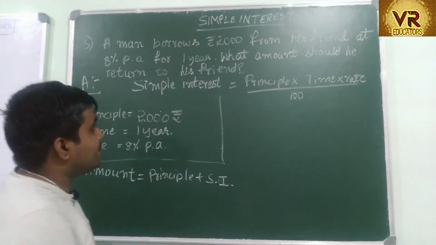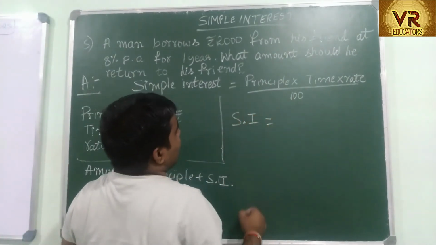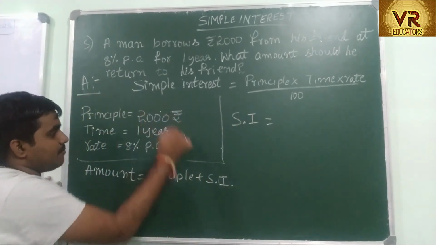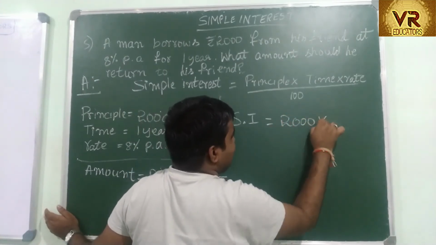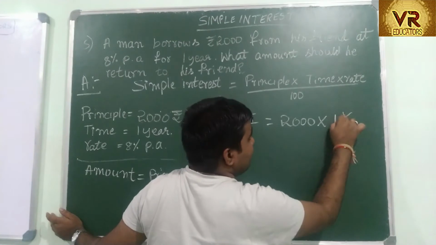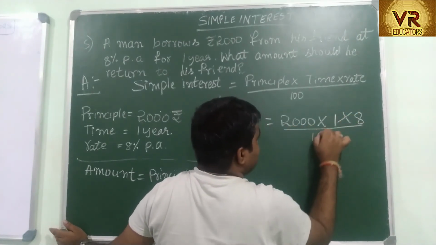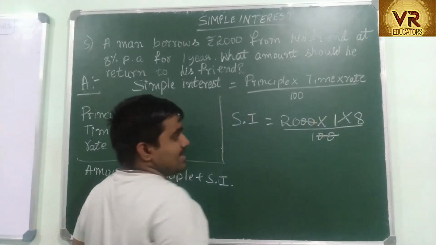So let's find the simple interest. Simple interest SI is equal to, what is the principal amount? That is 2000 rupees. 2000 into time, which is 1 year, so it is 1. Rate is 8%, so it is 8 divided by 100. These two zeros will get cancelled.